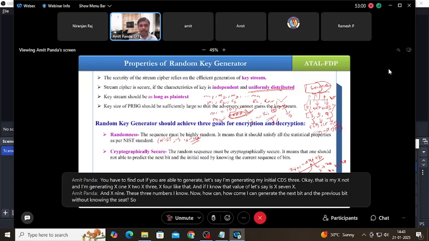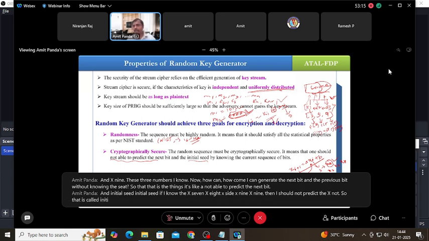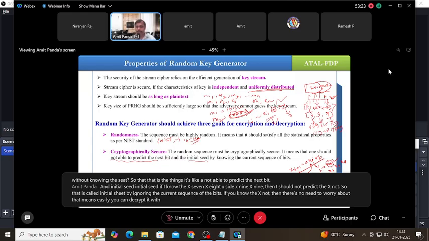So that is the thing, you should not be able to predict the next bit and the initial seed. If I know x7, x8, x9, then I should not be able to predict x naught. That is the initial seed from knowing the current sequence of bits. If you know x naught, then easily you can decrypt with this value of the initial seed.